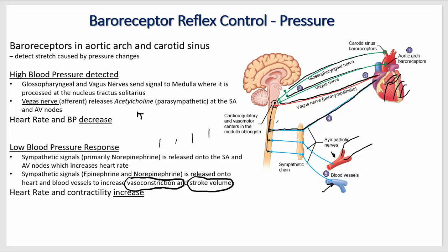And parasympathetic is slowing the heart and reducing contractility in the atria primarily. But then for the sympathetic, you're also changing contractility of the ventricles, and you're increasing stroke volume, and you're increasing, like I said, those blood vessels are constricting.